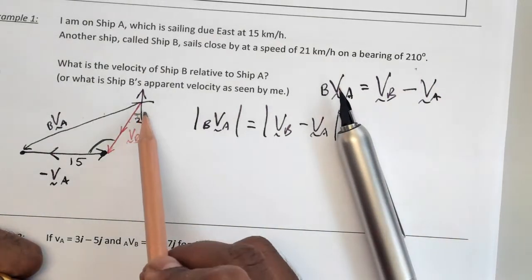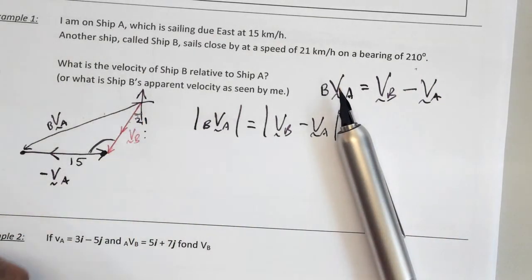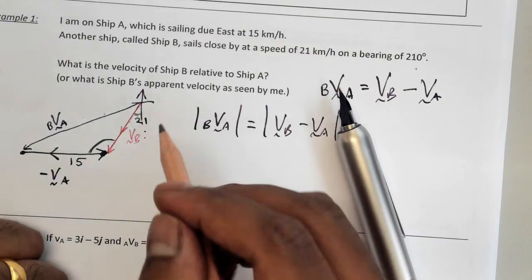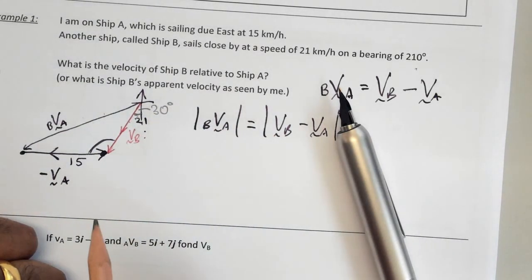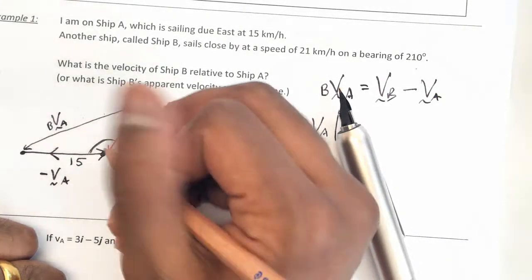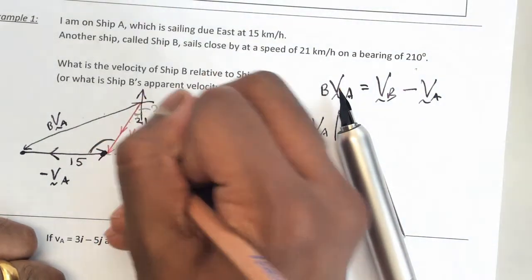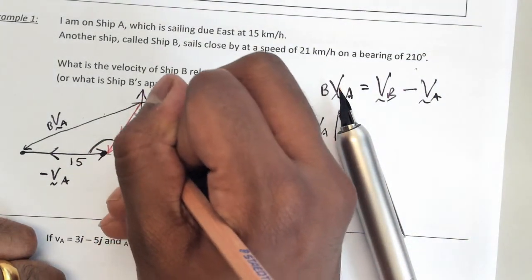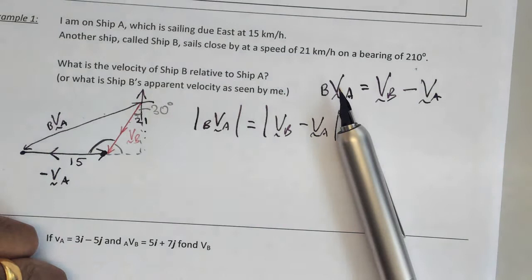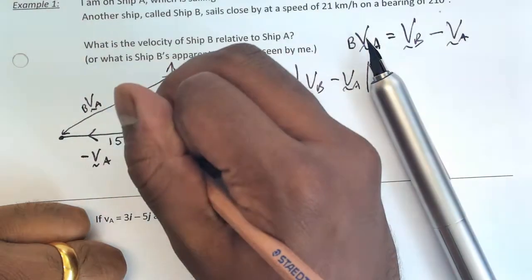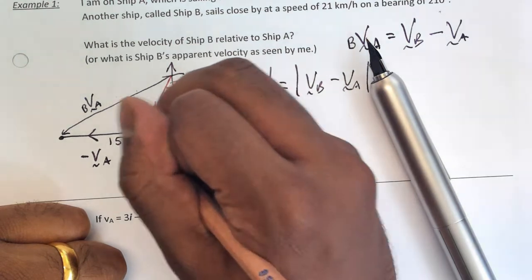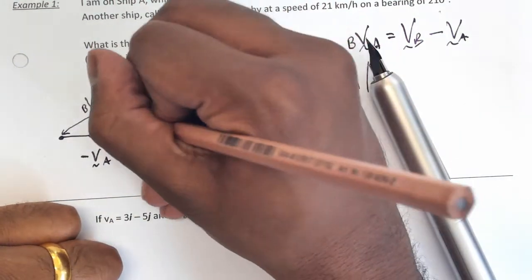So from 180 to 210, how many is that? 30. So this angle here is 30. And if that's 30, then what will this be? That would be 60, that's correct. So that's 60, this would be 120.